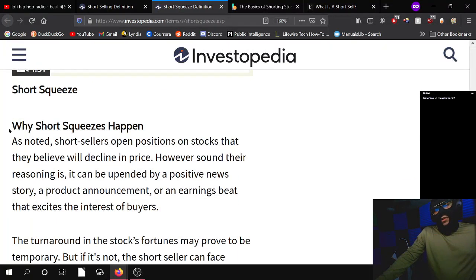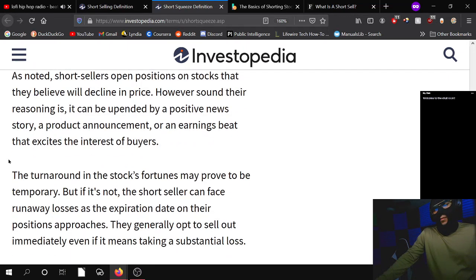Why short squeezes happen? As noted, short sellers open positions on stocks that they believe will decline in price. However sound their reasoning is, it can be upended by a positive news story, a product announcement, or an earnings beat that excites the interest of buyers.